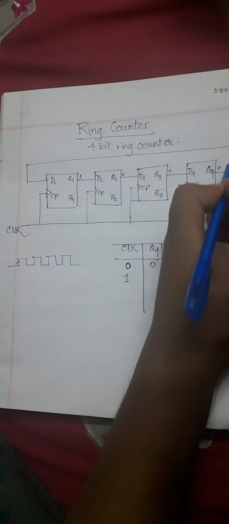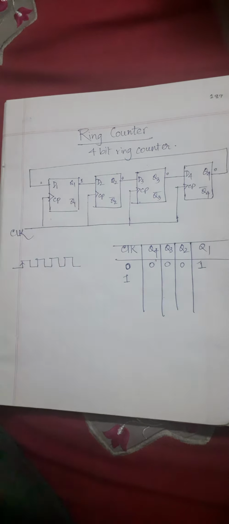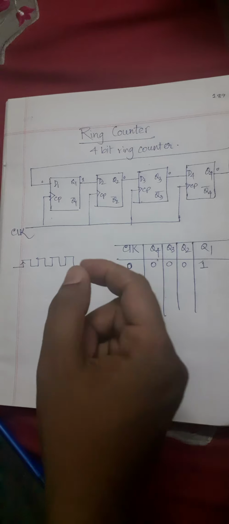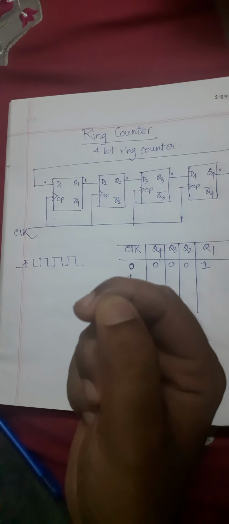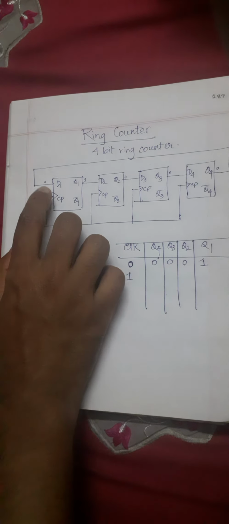This 0 will travel along this line and come here, a fraction of a second before the clock pulse occurs.